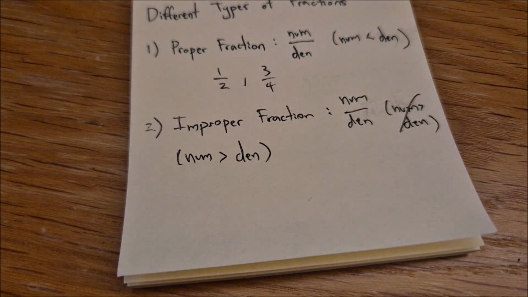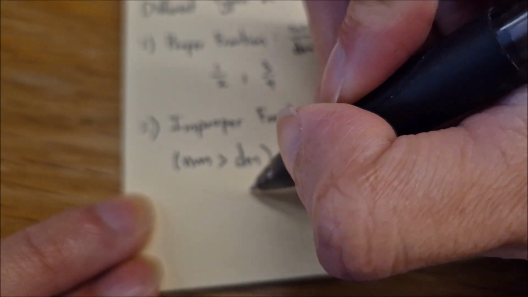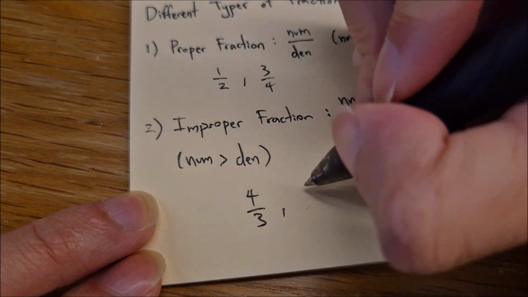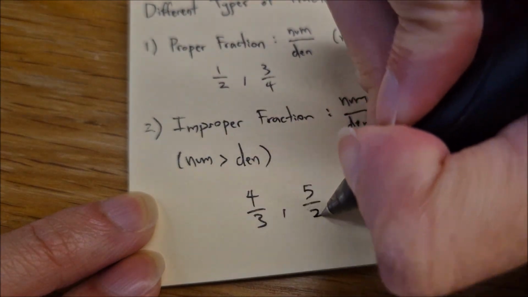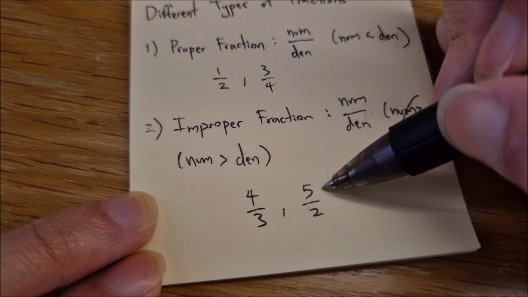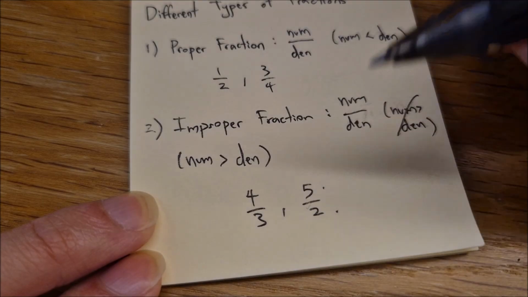Just write it here. So numerator is greater than the denominator. So for example, you could have 4/3 or 5/2. It's improper because the numerator is greater than the denominator.